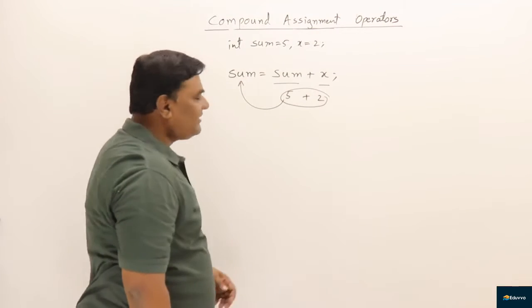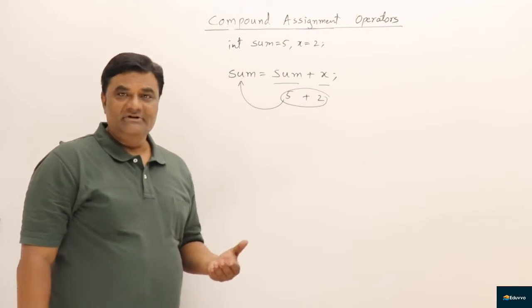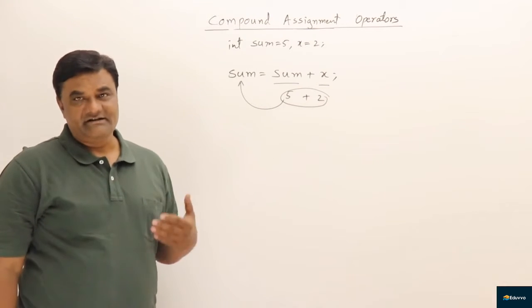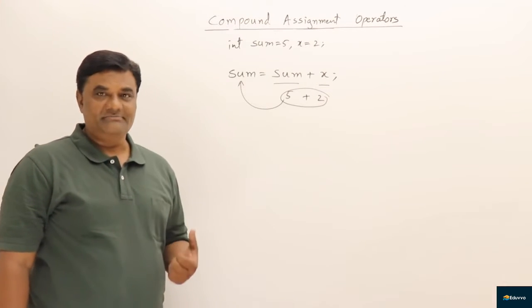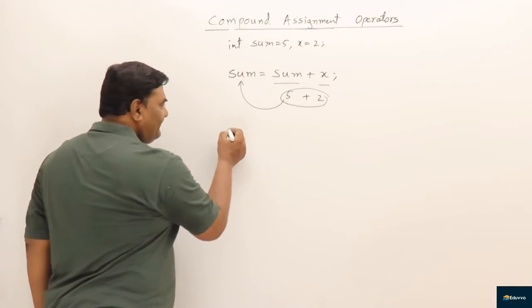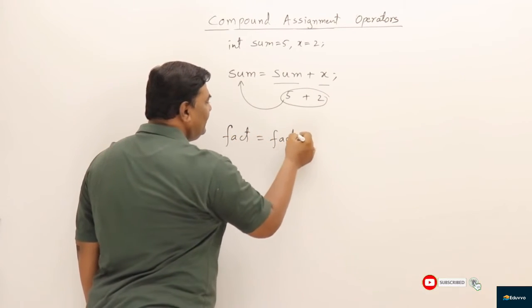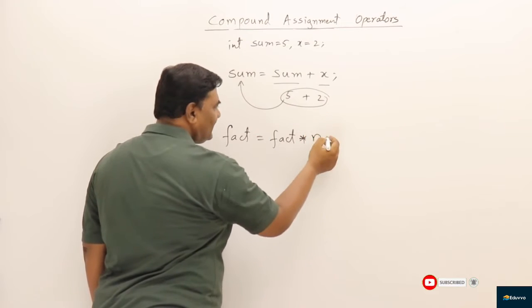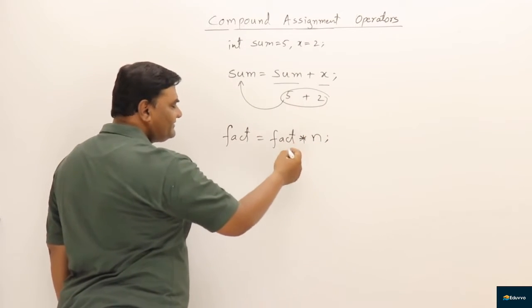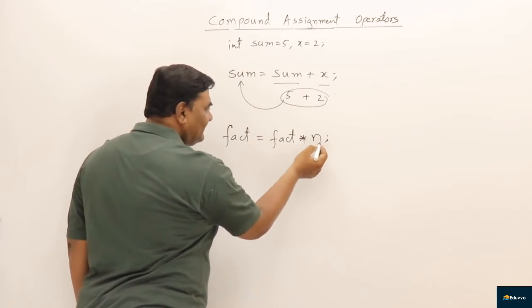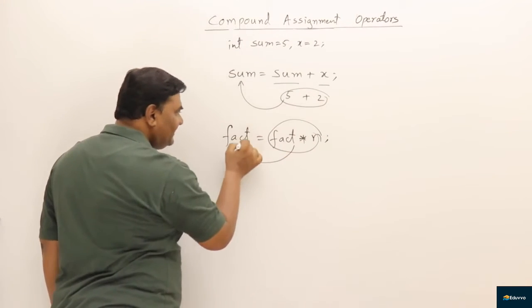This is useful for updating the value of a variable, either adding something or subtracting something, or even multiplication can be done. Or if I say factorial assign factorial into n, whatever the factorial value is, n is multiplied with it and the result is stored here.